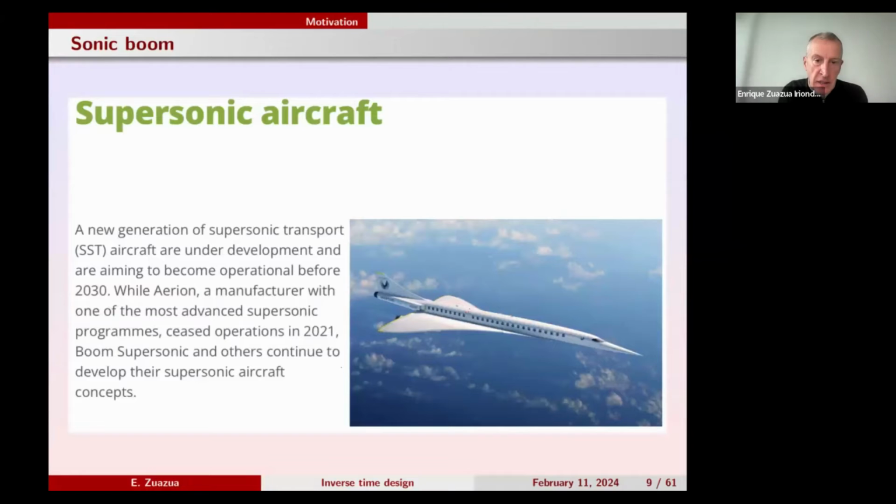And you can easily find several very, very recent news items. This was a couple of weeks ago, about the immediate future of this new generation of supersonic flights. So you see that in this article, they indicate that they are aiming to become operational before 2030.